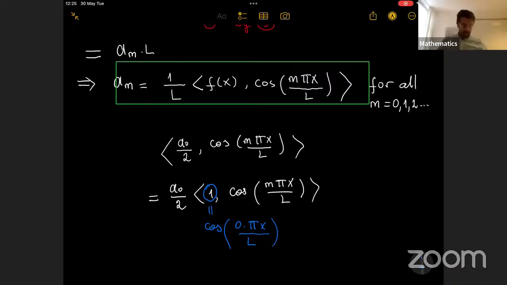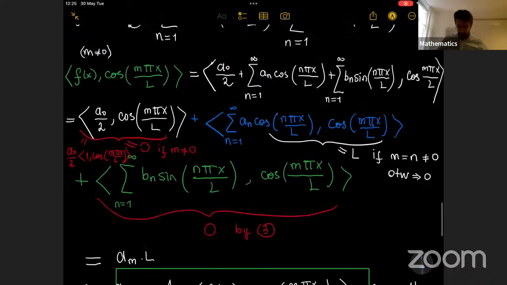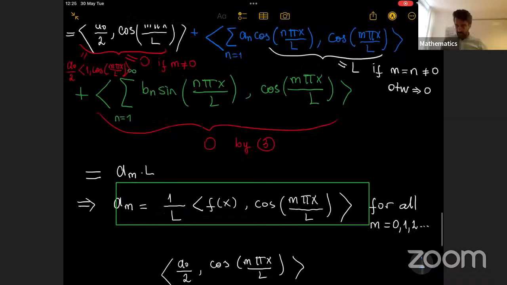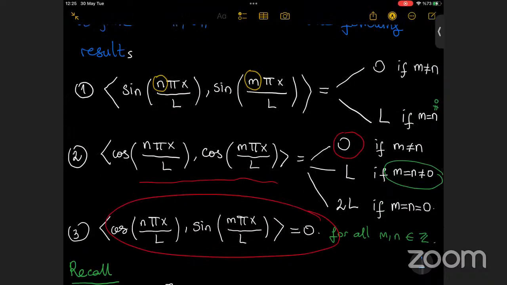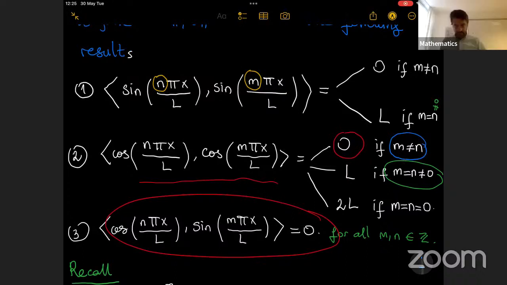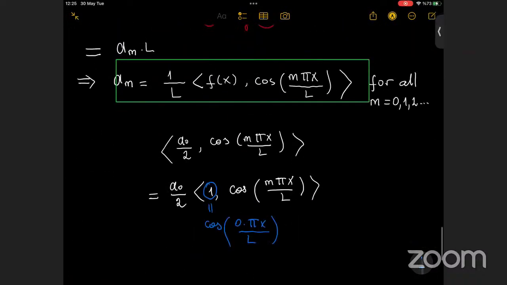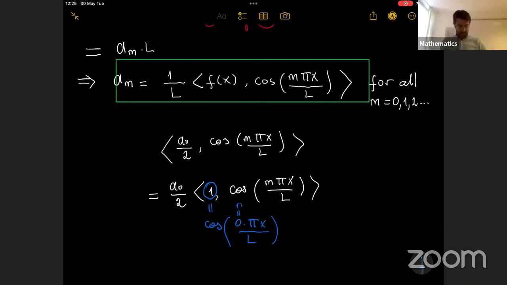Now let's return to number 2 here. It says if m is different from n, the result will be 0, right? And in our case, this is n and m. If m is different from 0, which is n, then this will be 0, okay?